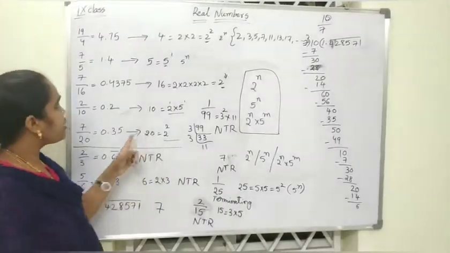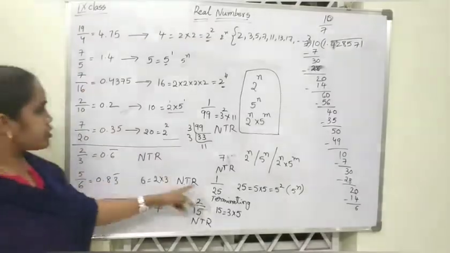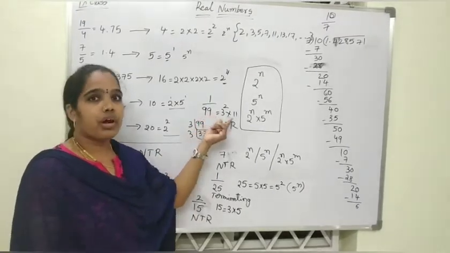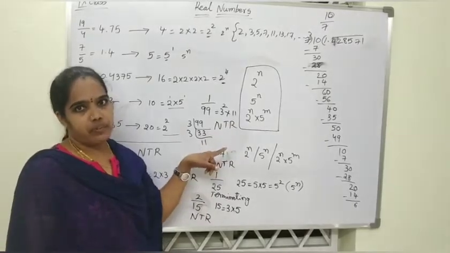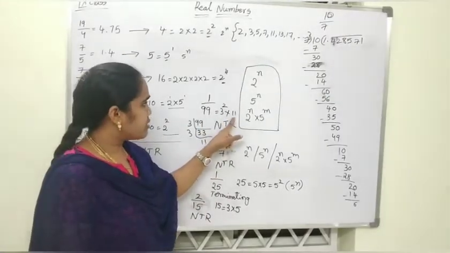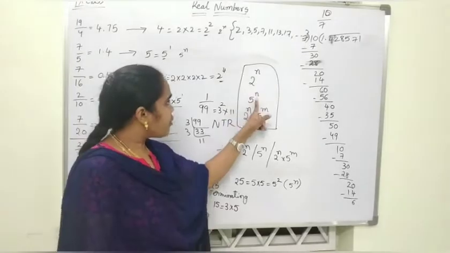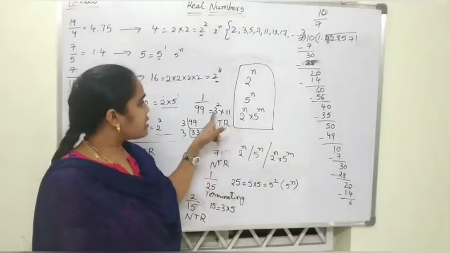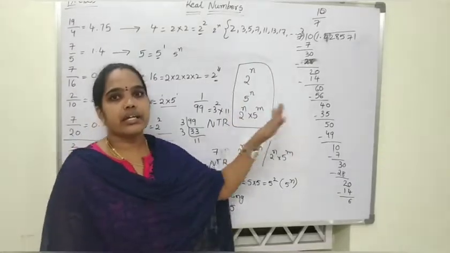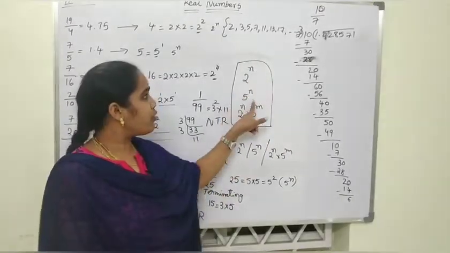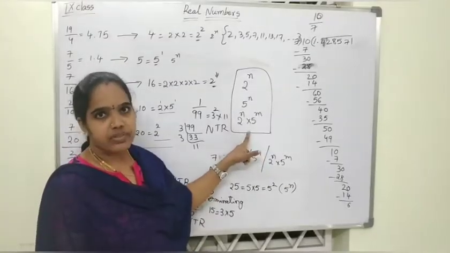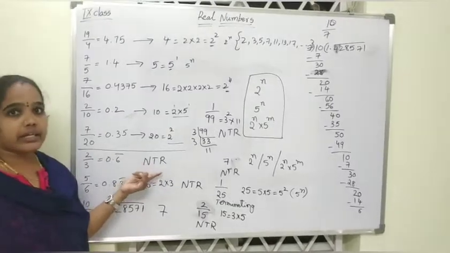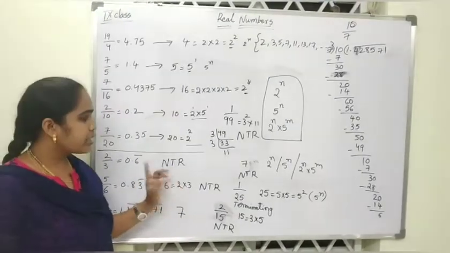Suppose one question we got is 1 by 99. For the denominator we have to write the prime factorization. By observing the prime factorization, we have to observe whether it is in the form of any one of these 3. If yes, then it is a terminating decimal. If it is not in the form of any one of these 3, then it is not terminating; it is a recurring decimal.